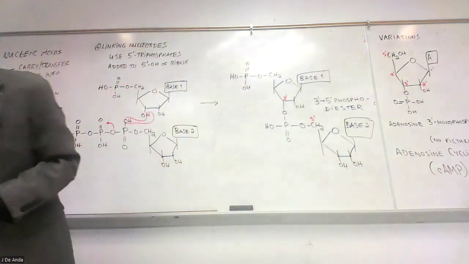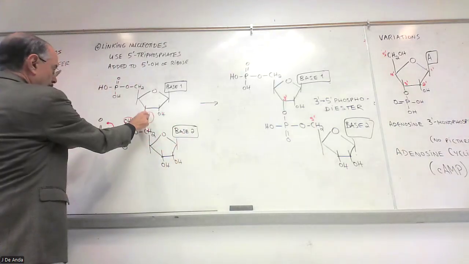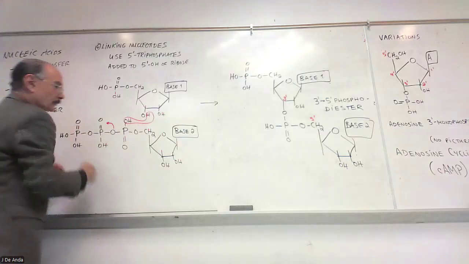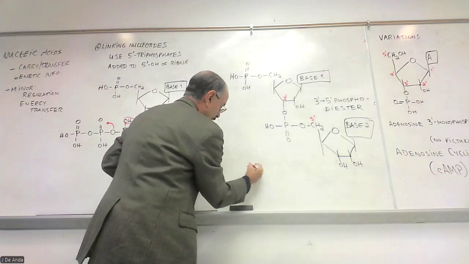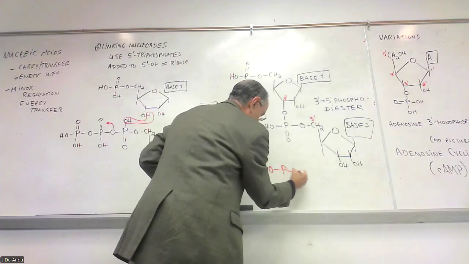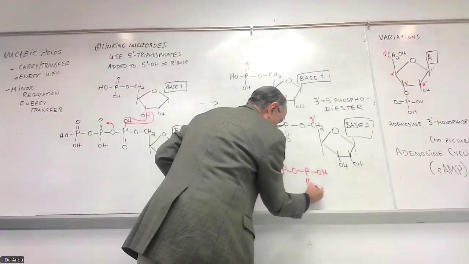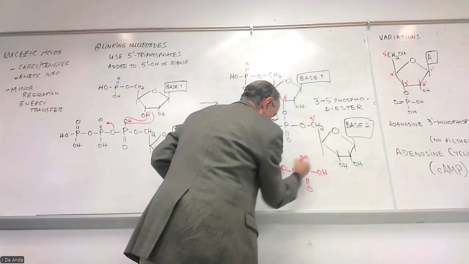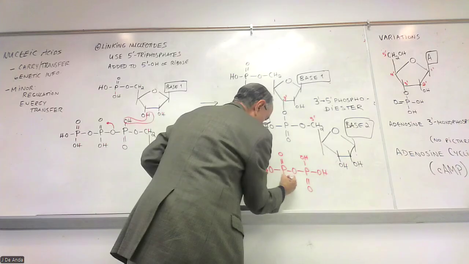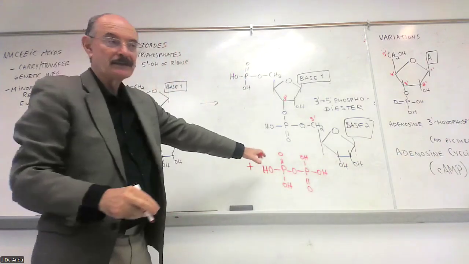The other thing that took off, when this guy got chopped off, is something that now has, don't worry which way you draw it, as long as you know that one of the oxygens is double bonded.